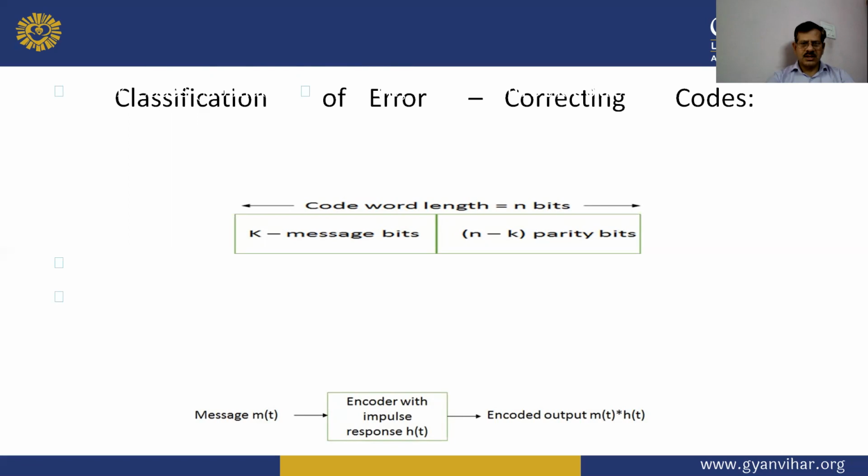In this diagram, a message signal m(t) is applied to the encoder with impulse response s(t). So the output of this encoder is the encoded output m(t) multiplied by s(t). s(t) is the transfer function of the encoder here.